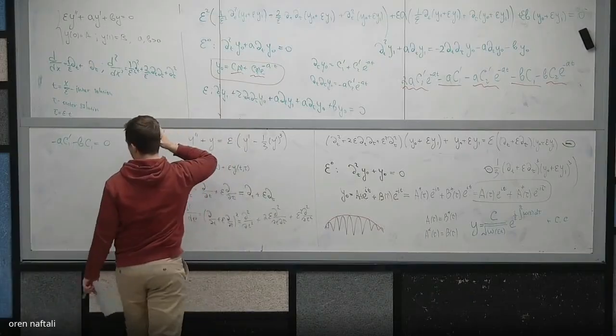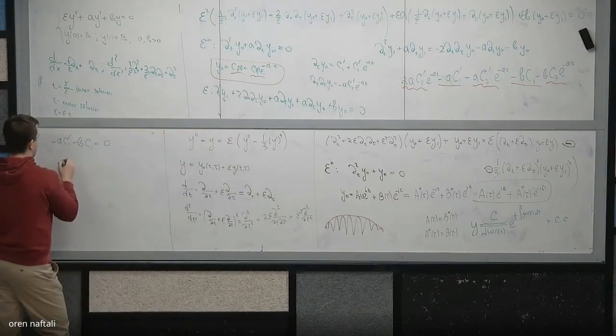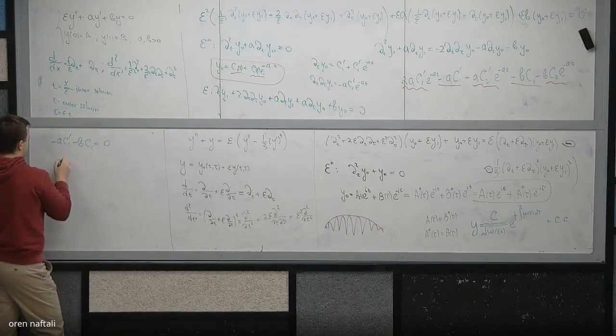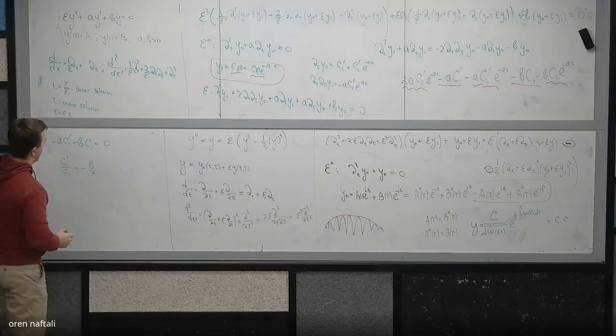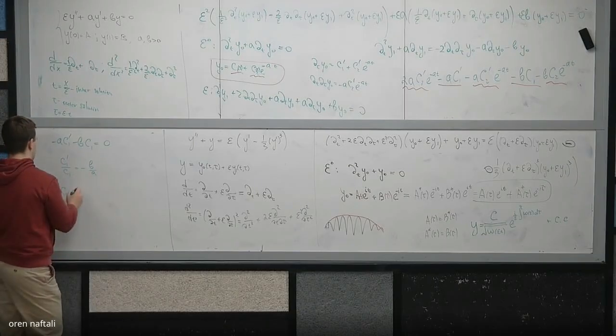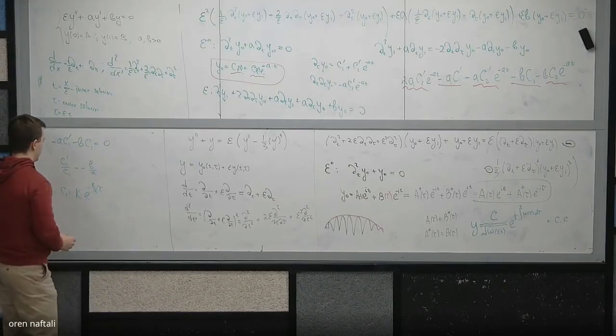So we have C1 prime over C1 equals minus B over A. And therefore C1 is some constant times e to the minus B over A times tau. Let's call it K1.